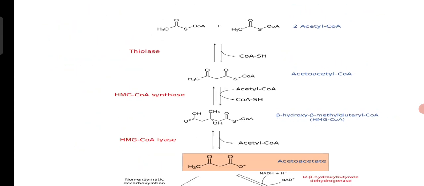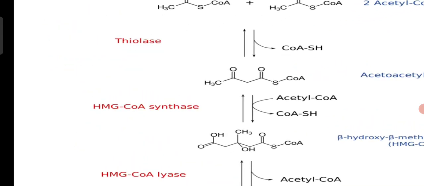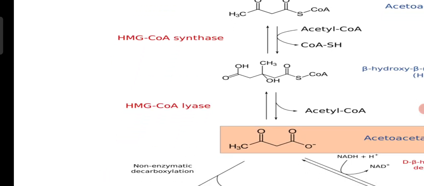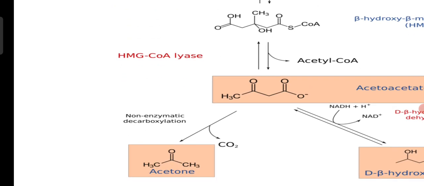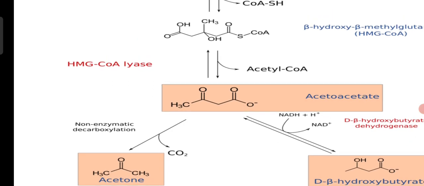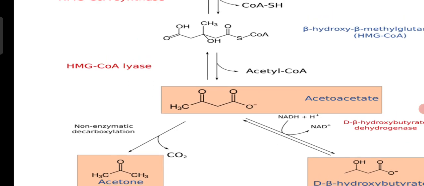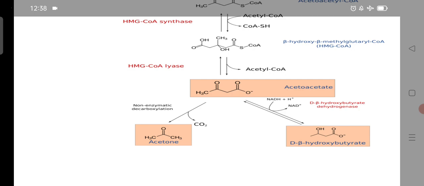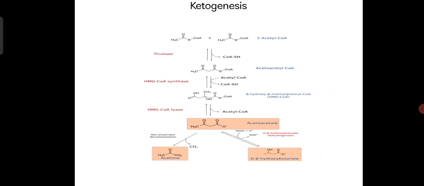And what are the enzymes we are using here? First one is thiolase, second one is HMG CoA synthase, third one is HMG CoA lyase, and the last steps are decarboxylation and reduction. So this is ketogenesis.